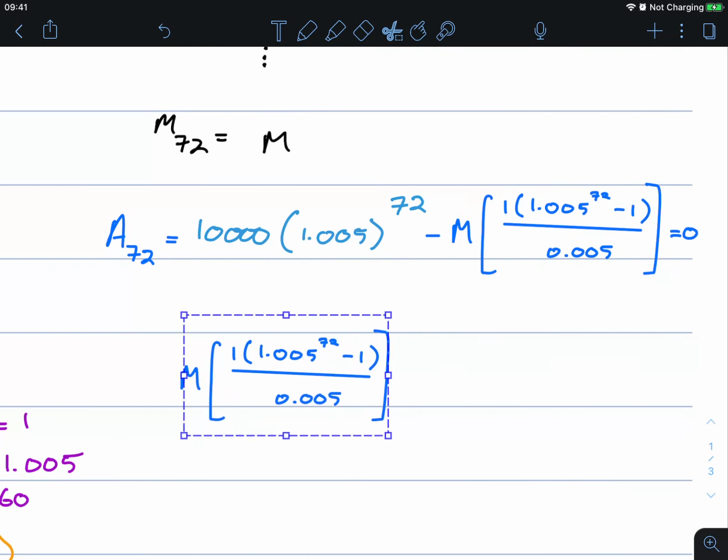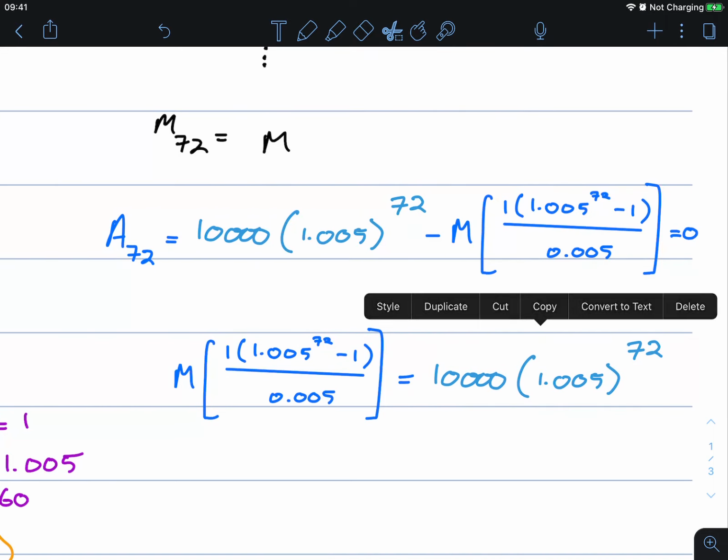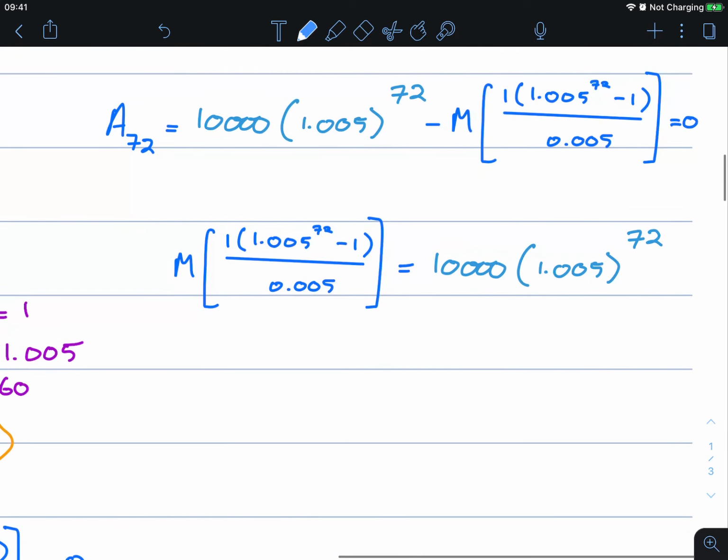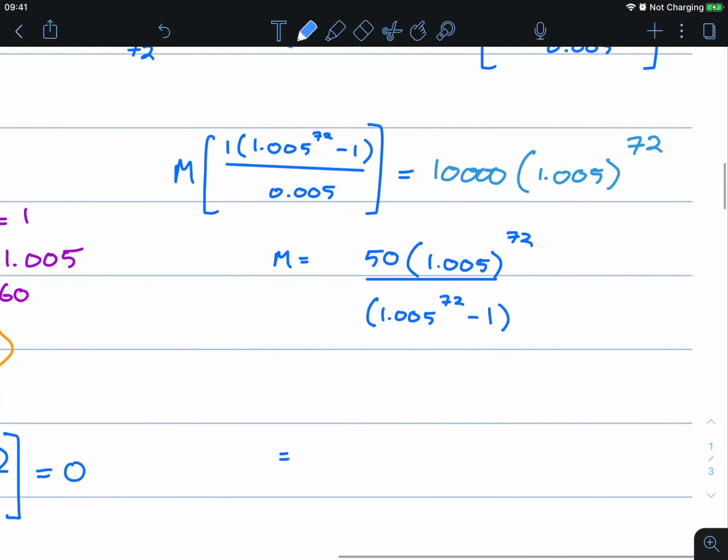Take this expression, we let that equal this expression here. Solving for m, we get m is equal to 50 outside of 1.005 to the power of 72 over 1.005 to the power of 72 take away 1.